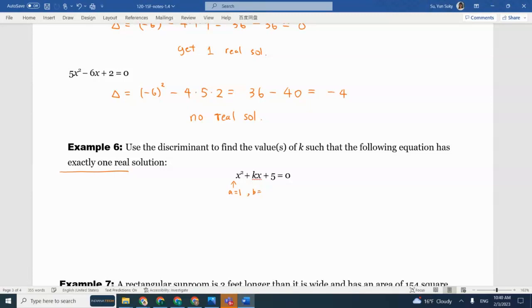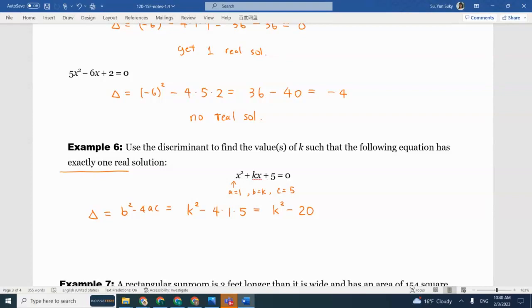What is B? K. C is 5. So discriminant B squared minus 4AC. B is K. So K squared minus 4 times A is 1, C is 5. What's 4 times 5? 20.